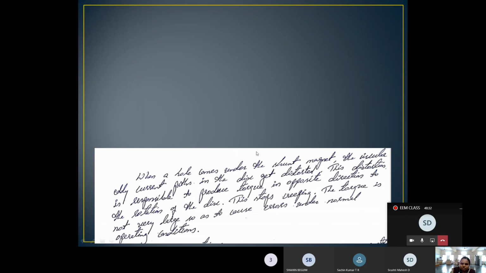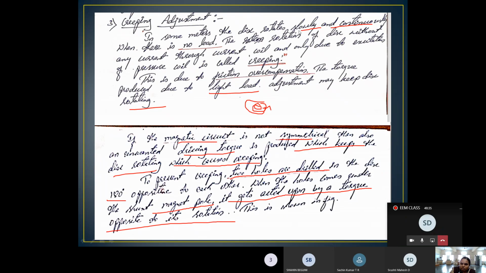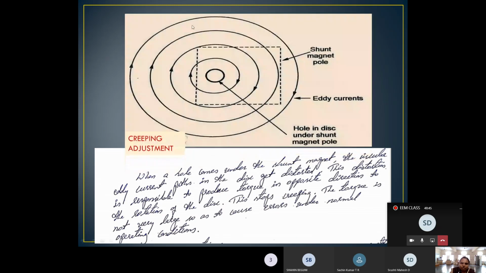Creeping adjustment means it should not move, right? Slowly, continuously, the disc is rotating. We should oppose that rotation. For that reason, we are going to make a hole here. When a hole comes under the shunt magnet, the circular eddy current paths in the disc get distorted.